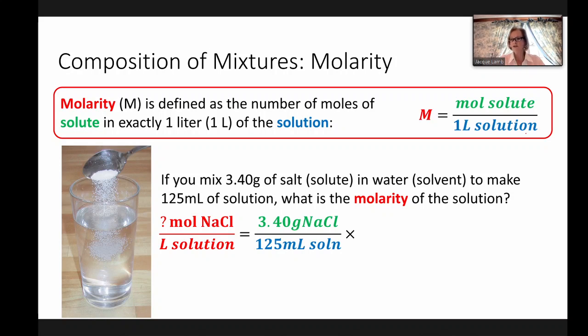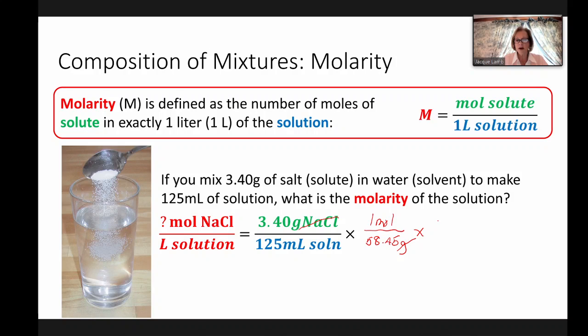Well, we're going to need a few factors here. We need to recognize that 1 mole of sodium chloride has a molar mass of 58.45 grams. That's going to allow us to get to moles, but we also have to convert this milliliters to liters.